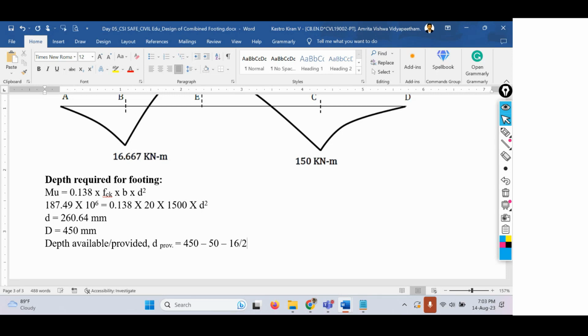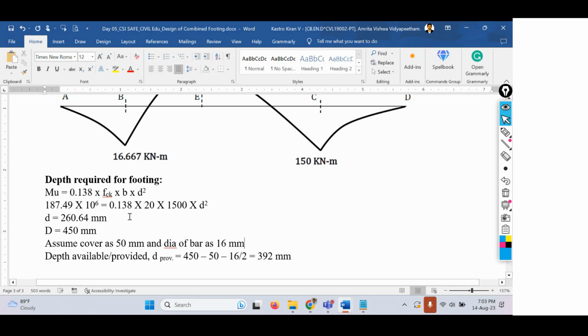So that equals 450 minus 50, that is 400, minus 8, that is 392 mm. So that's the depth that we have provided. I'll write it here: assume cover as 50 mm and diameter of bar as 16 mm. So that's how we can find out the depth required for footing.